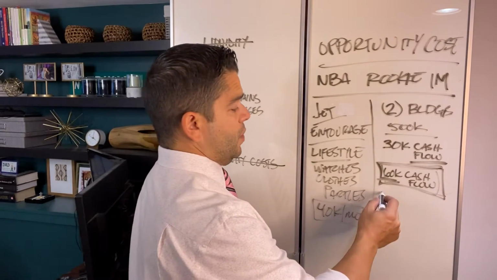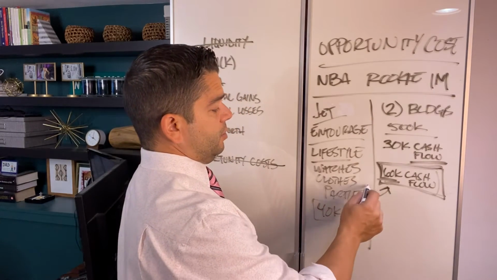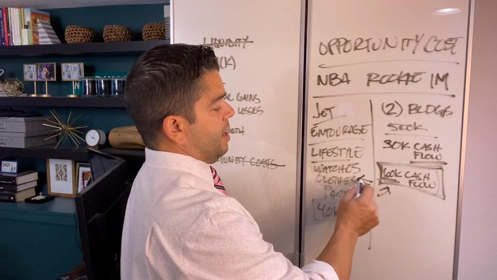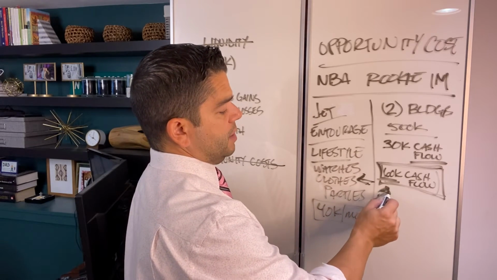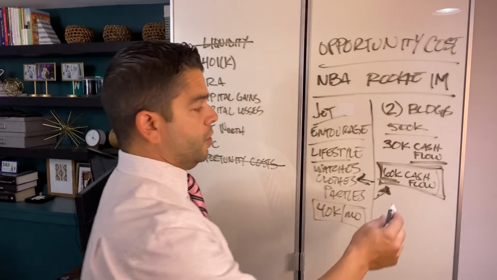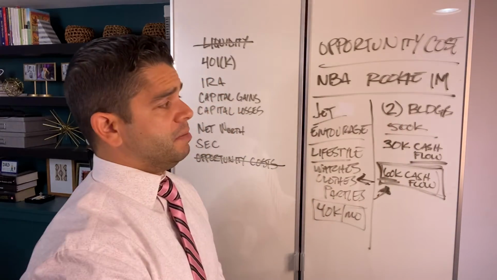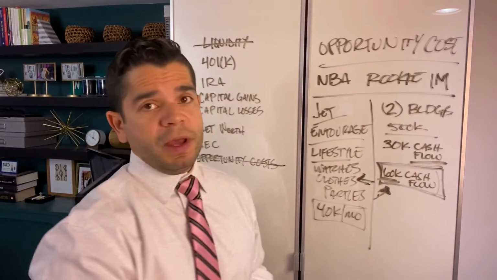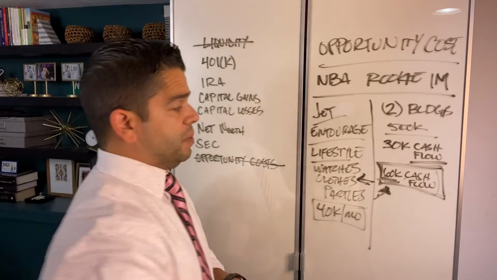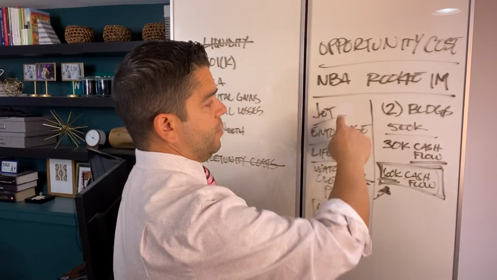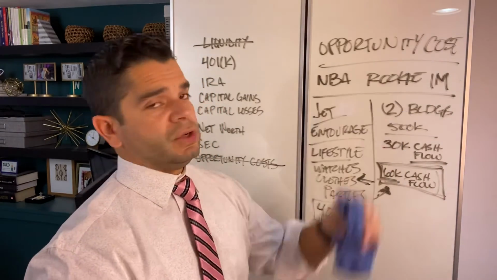So the opportunity cost here is either look like you're rich and not be rich at all, or invest in something that's going to generate a positive cash flow for you. And if he doesn't return to the NBA in time, these buildings will pay themselves off and the cash flow will get even greater. So he has a base of income even without having to work if he didn't return to the NBA.